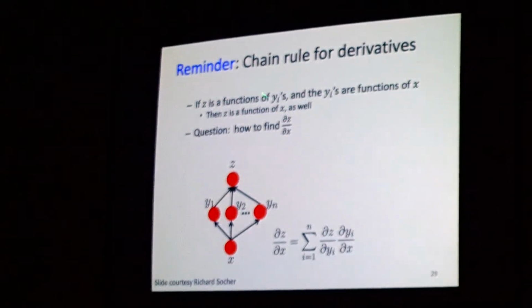If you want to compute partial z over partial x, you go through each of these n paths, and for each path, you multiply the partial derivatives along the path, which is partial z over partial yi times partial yi over partial x. Now you add up the results from every path. That's the general case.